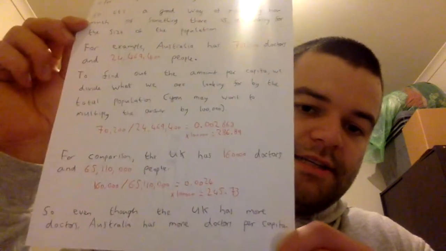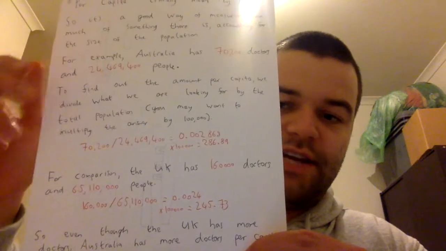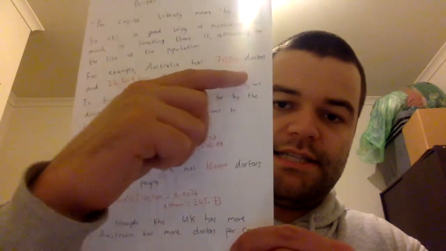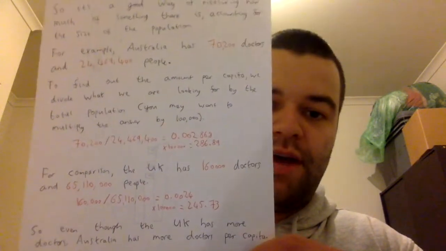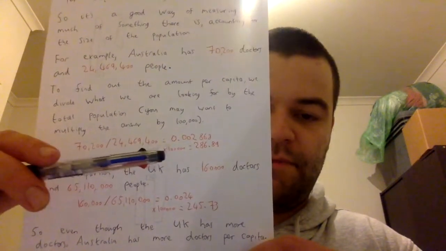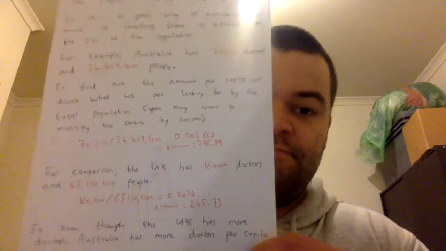Okay? So even though the UK has more actual doctors than Australia does, so 160,000 versus 70,200, per capita there are actually more in Australia, okay? So 286.89 per 100,000 versus 245.73 per 100,000.